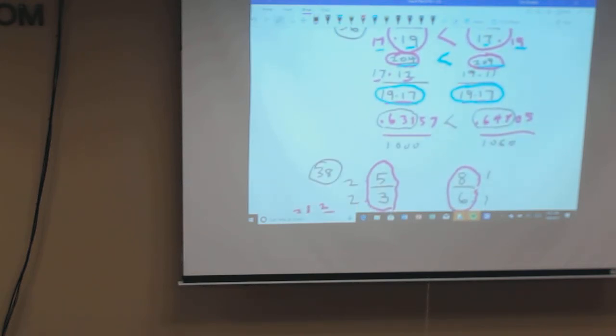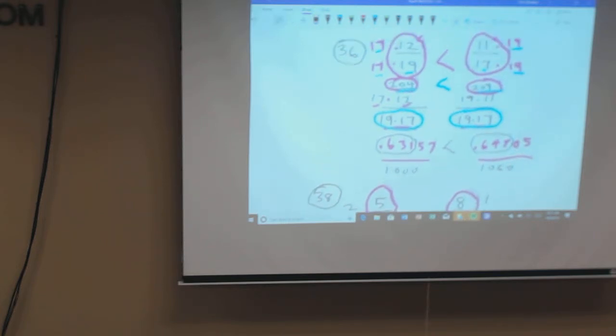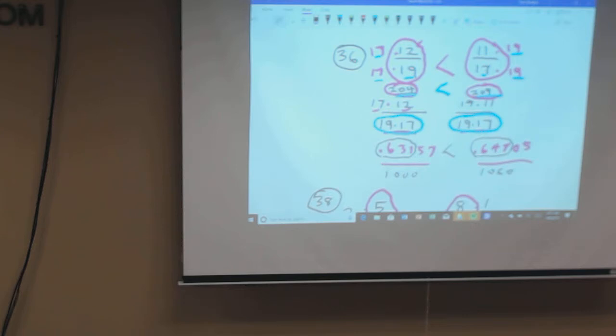Oh, for those of you who don't like fractions, I did it a different way. I took 12 and divided by 19, and I got 0.63157.